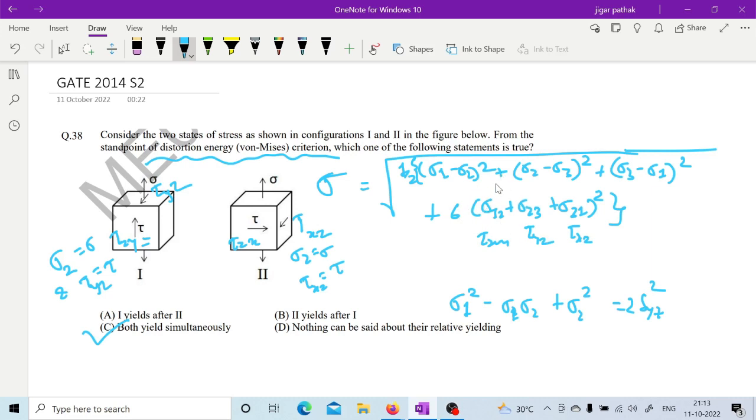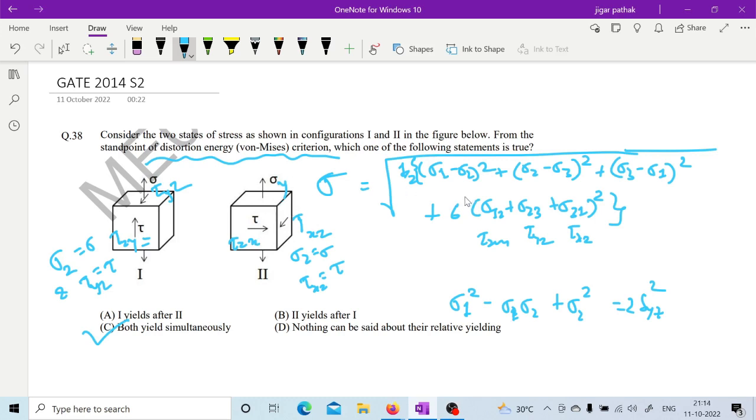Sir, sigma 1, sigma 2, sigma 3 are maximum principal stresses, and where there is maximum principal stress there is no shear stress. Sorry, sir, since sigma 1, sigma 2 and sigma 3 are principal stresses, actually this is sigma x minus sigma y, sigma y minus sigma z and sigma z minus sigma x, right? It may not be the principal stress in this case.